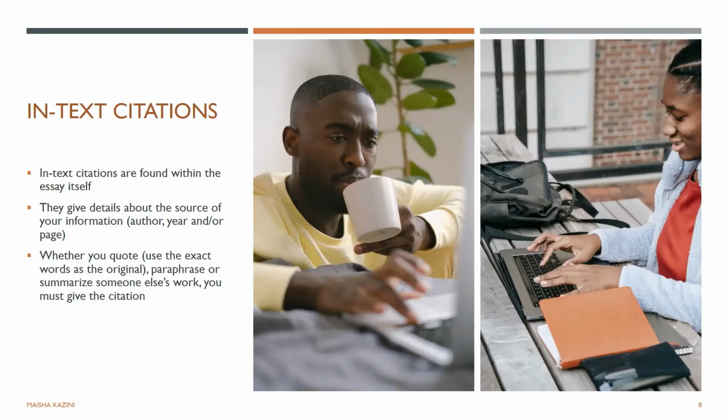It's important to remember that whether we quote, meaning whether we use the exact words as the original, whether we paraphrase or whether we summarize somebody else's work, we must give the citation.